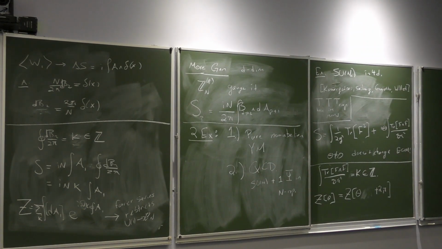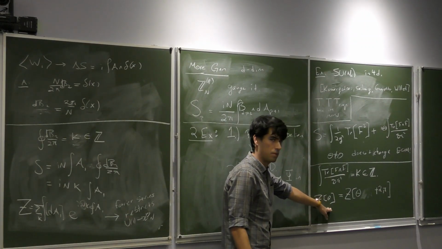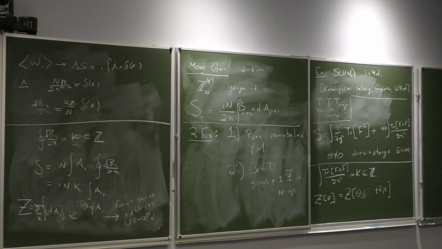And so what it means is that this effectively sends theta to minus theta. And so if theta is non-zero, this is usually not a symmetry. However, we know that when we don't have a one-form symmetry, theta is 2 pi periodic. So that means that you have a time reversal symmetry when theta is 0, because 0 goes to minus 0, which is itself.